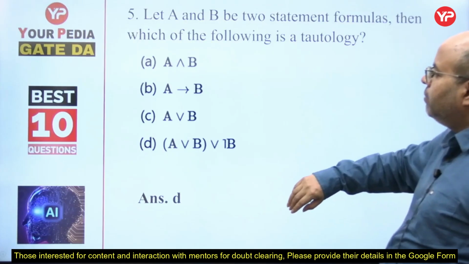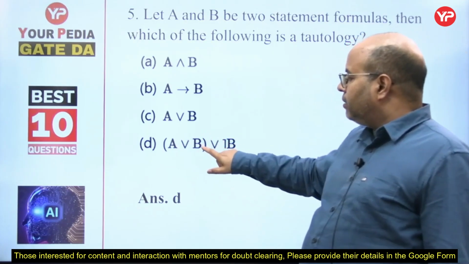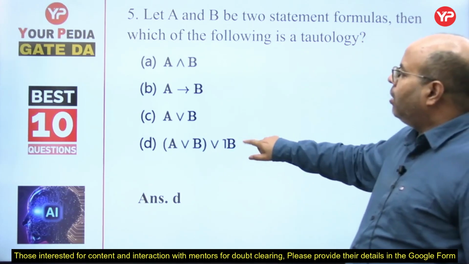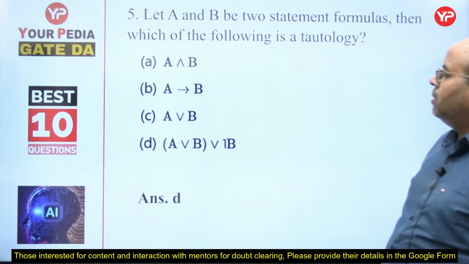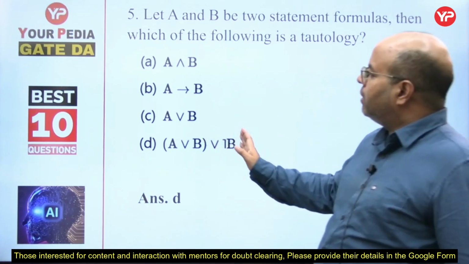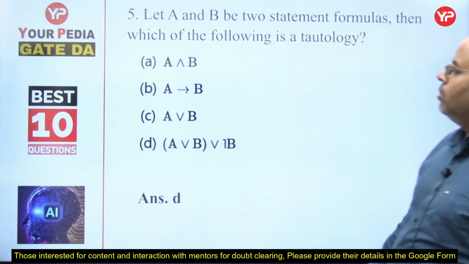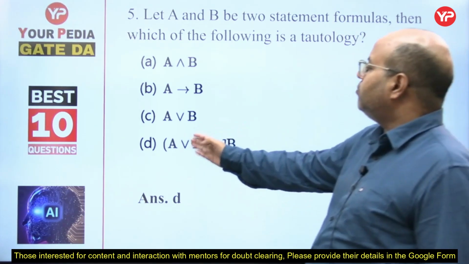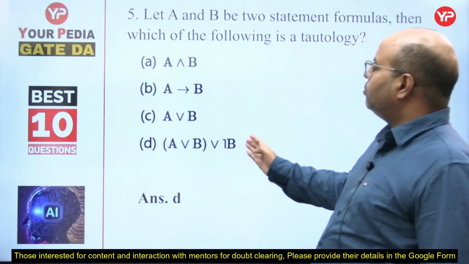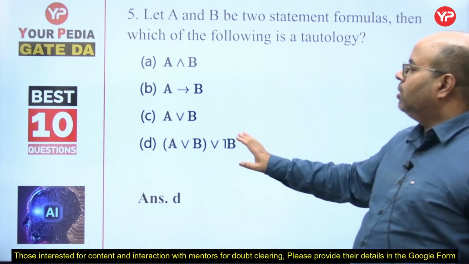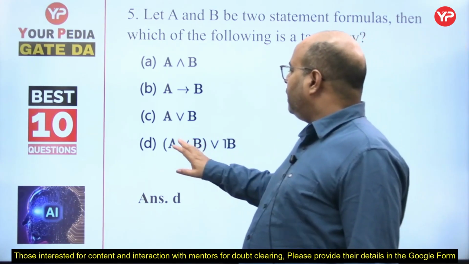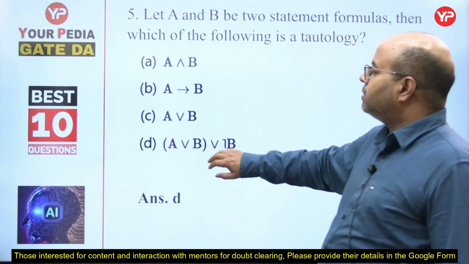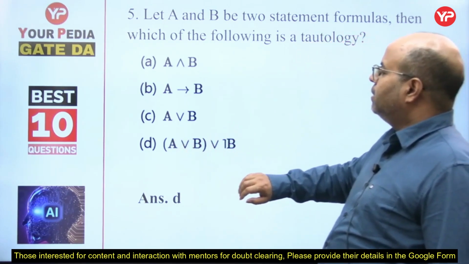So here you see A or B or not B. So A or B, if anyone is true, it will be true. And then since this will be true, then this will also be true, the entire thing will be true. That will not change. But if anyone is false, suppose B is false, then what will happen?